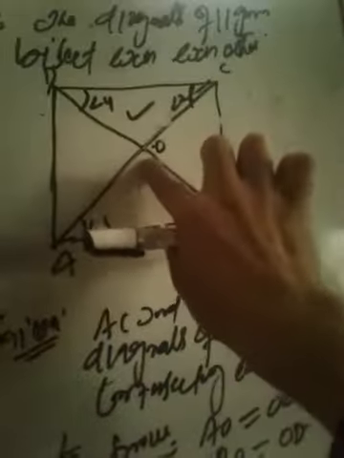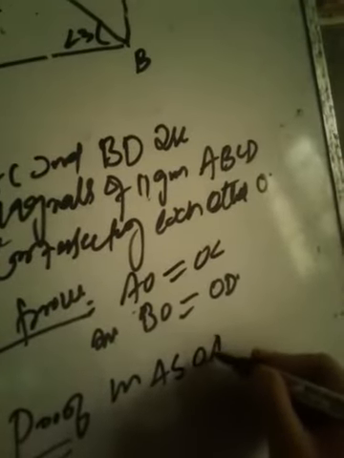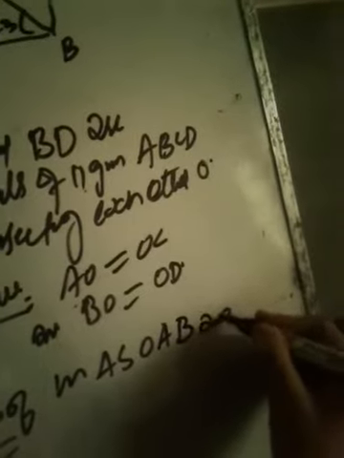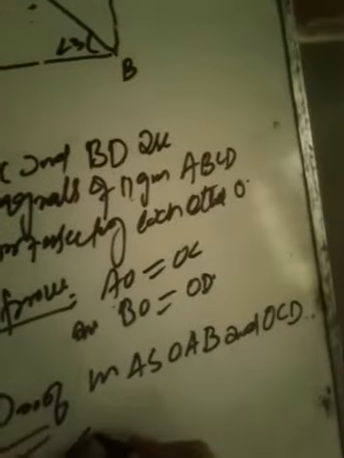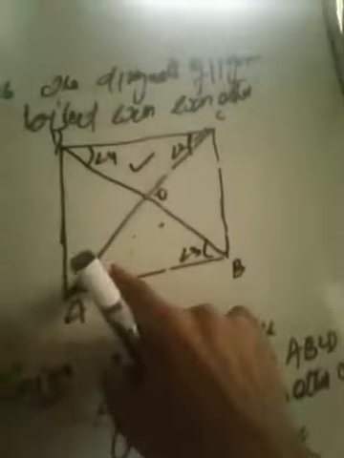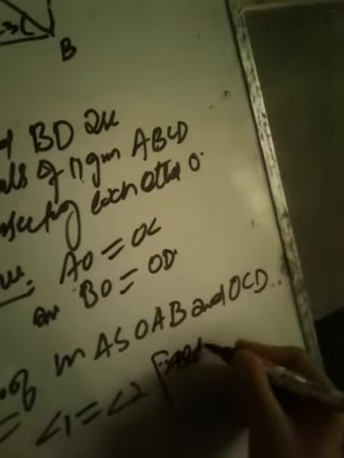In triangles OAB and OCD, we will make these two triangles congruent. Angle 1 equals angle 2, because of alternate interior angles.